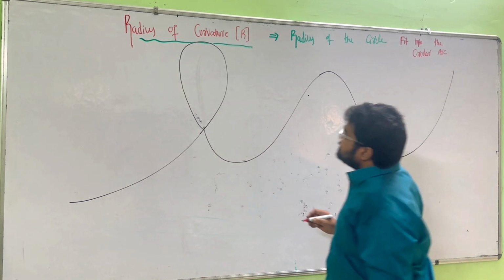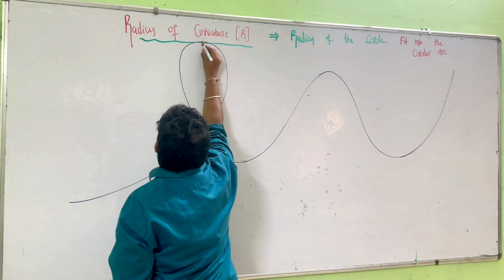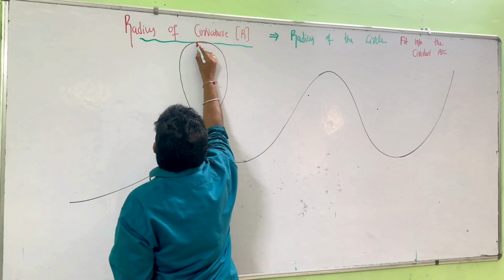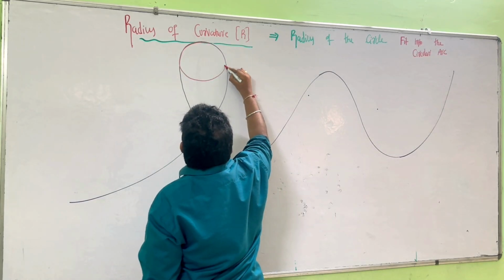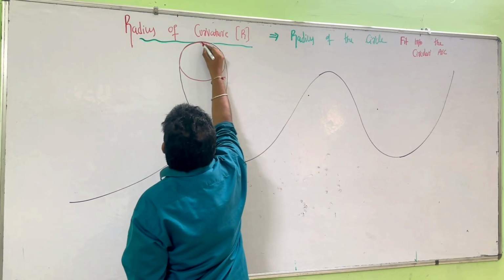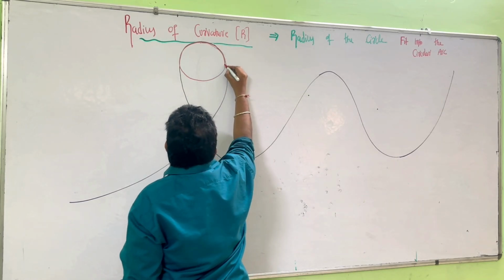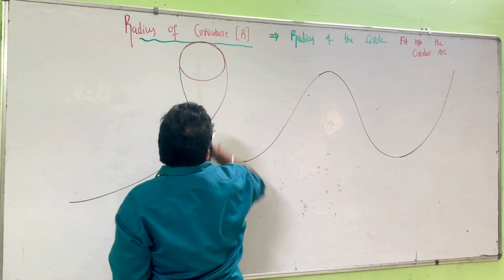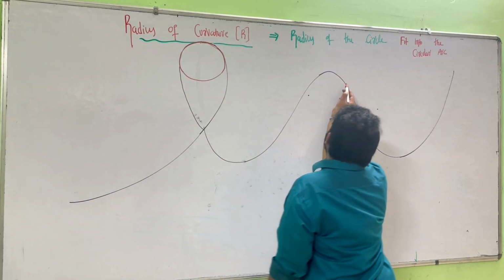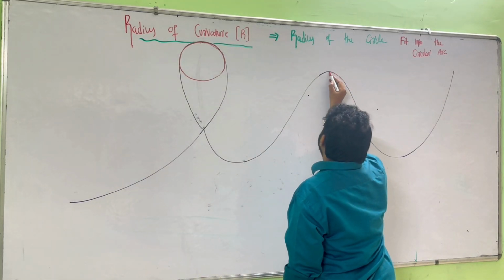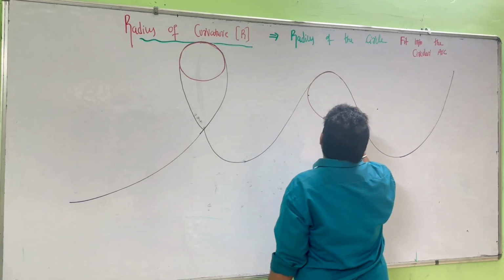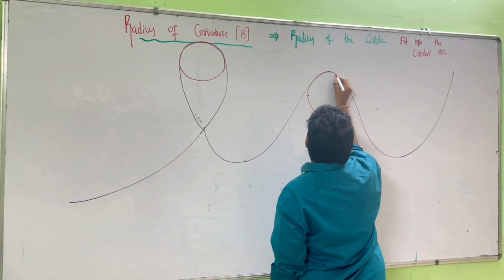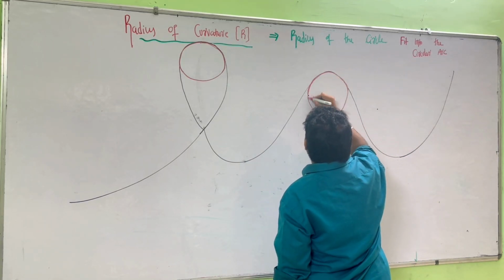So what is the radius of curvature at this point? Here we need to write the circle that fits into this. This much circle we can fit into the arc.